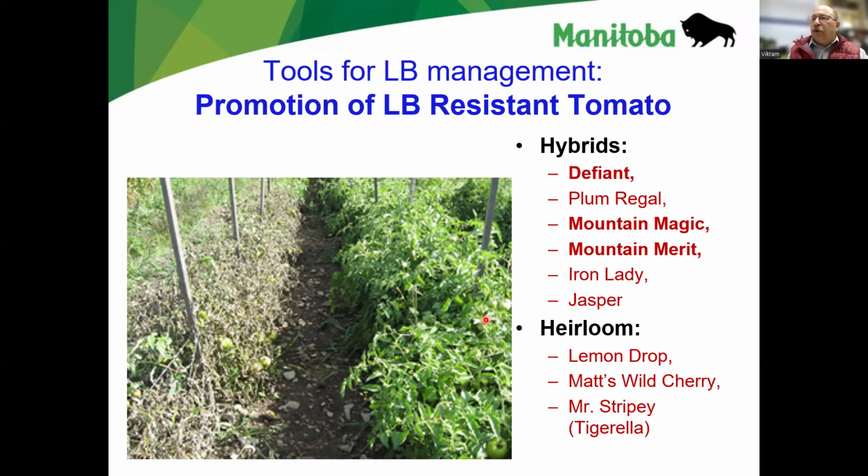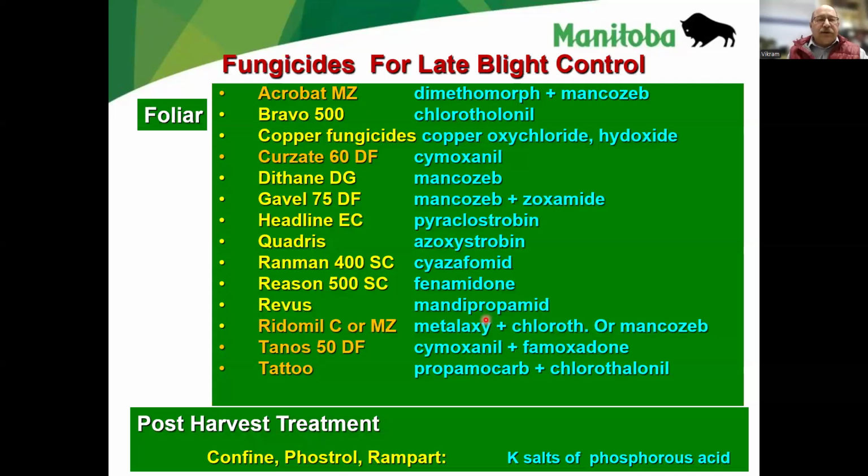Here are certain fungicides that can be used for the control of late blight. There may be certain newer ones too, but here you have Acrobat, Bravo, Copper, Dithane, which is the Manzate, Headline, Quadris, and some of these you may remember from your other crops as well.